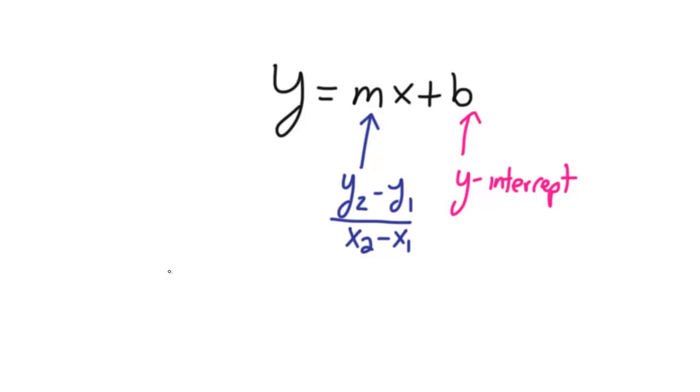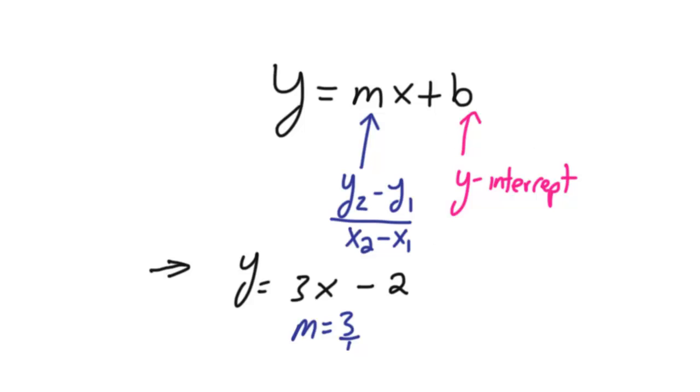So here's an example. Let's say we have y equals 3x minus 2. So the slope in this case is the 3. So m equals 3. You can also put it as 3 over 1, which means the same thing. So that means you go up 3 units and 1 unit to the right.